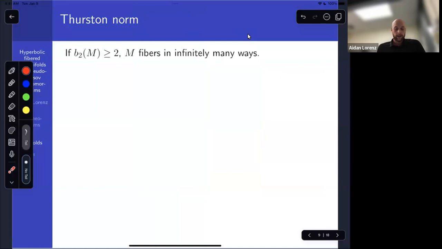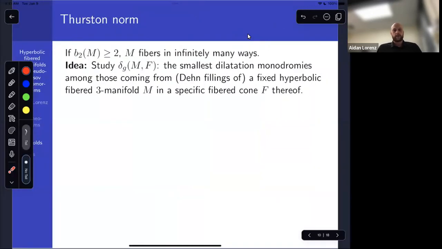Right. So this leads us to an idea. We can instead study this quantity I'm calling delta G MF, which we define in the following way. You fix a hyperbolic fibered 3-manifold and you fix a fibered cone of that manifold.